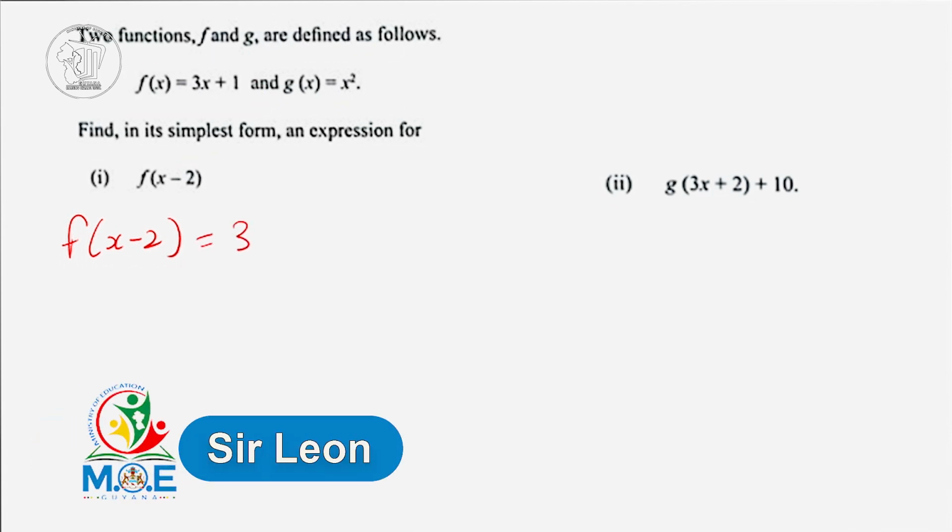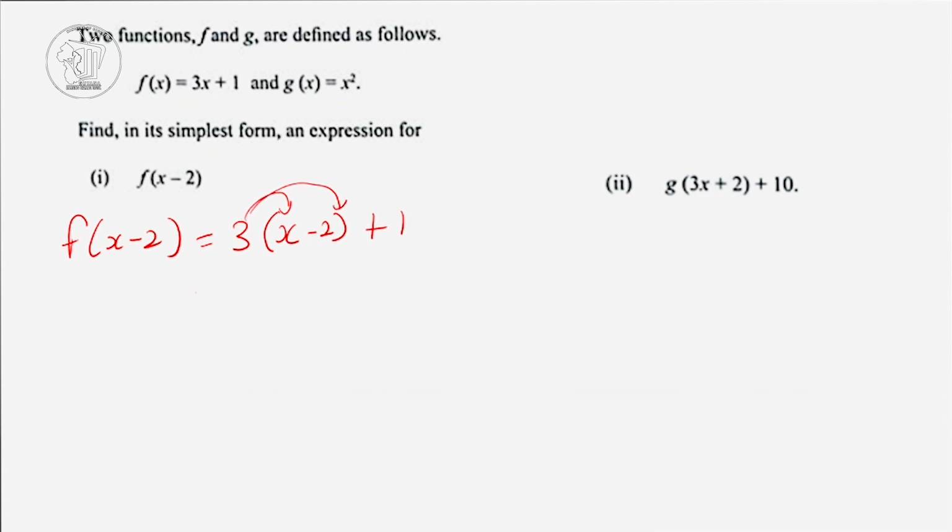So this will be equal to 3 multiplied by x minus 2 plus 1. All we did, replace x with what is in this bracket, as that is what we've been doing all the time. And then we work it out. So this 3 will multiply throughout the bracket.